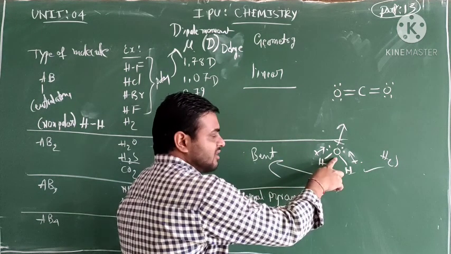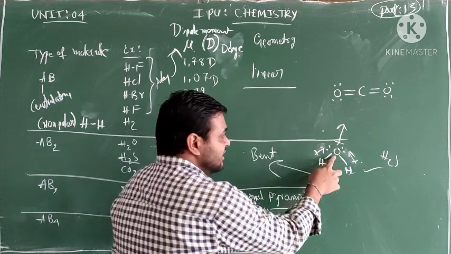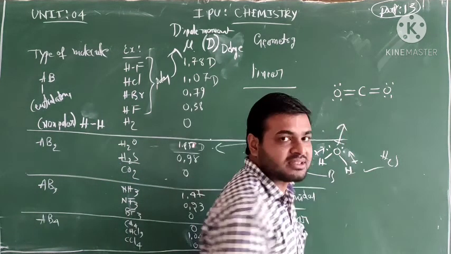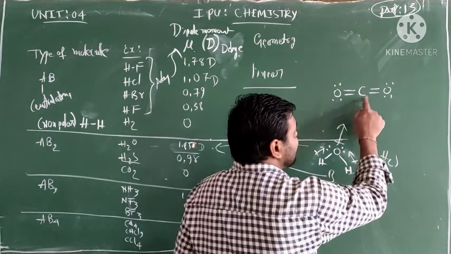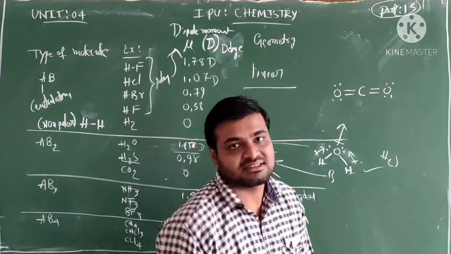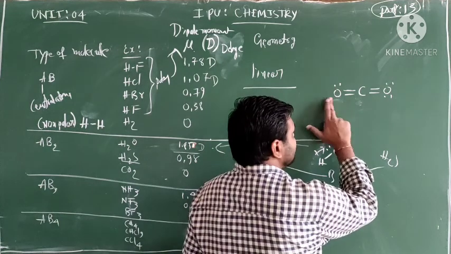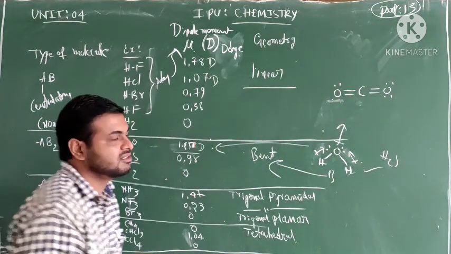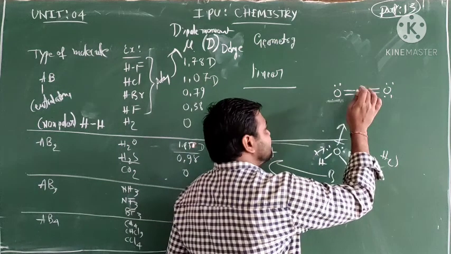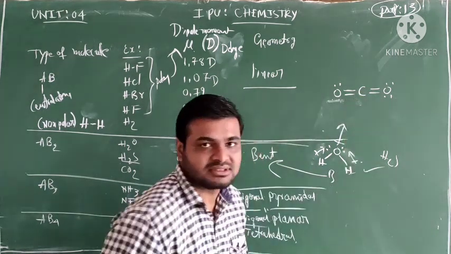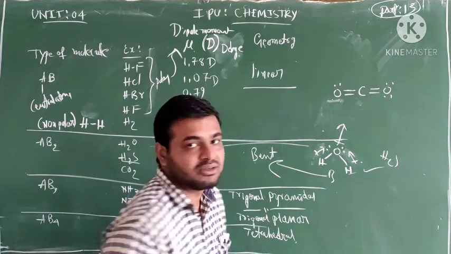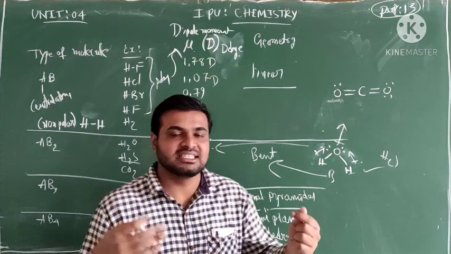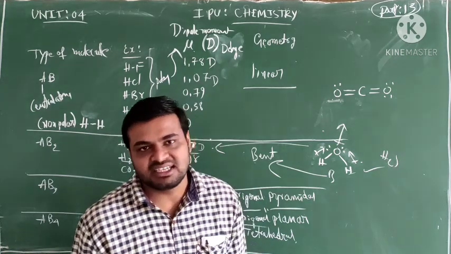In water, the central atom oxygen has lone pairs, and this gives the value. But in carbon dioxide, the central atom does not have any lone pair of electrons. Lone pairs on the corner atoms do not matter. Moreover, dipole moment is a vector quantity, so opposite directions cancel each other.